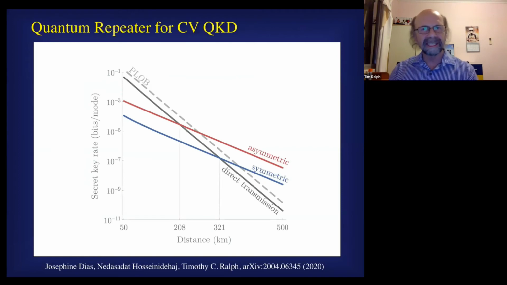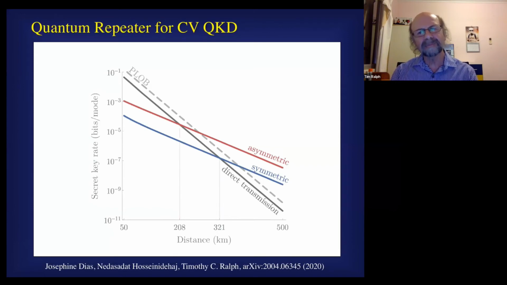The way quantum repeaters are usually defined is in terms of the secret key rates you can achieve in QKD. It's not the only way to do it, but this is one way that's been popular. And basically we can see that our device, both the symmetric and asymmetric device, are able to cross these bounds.